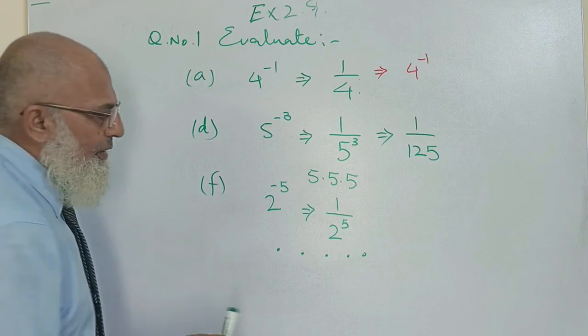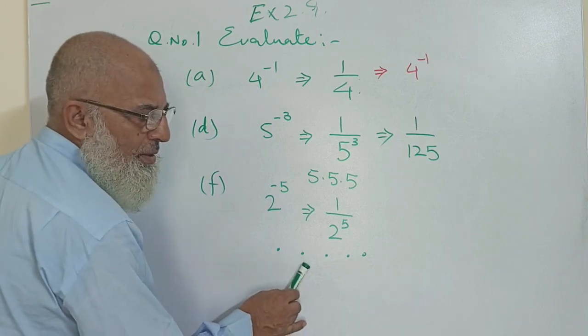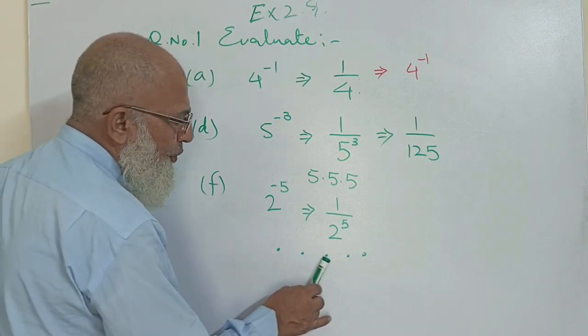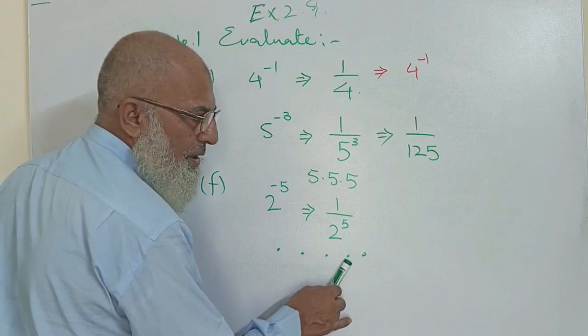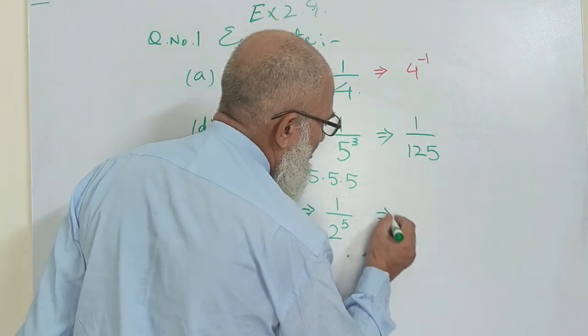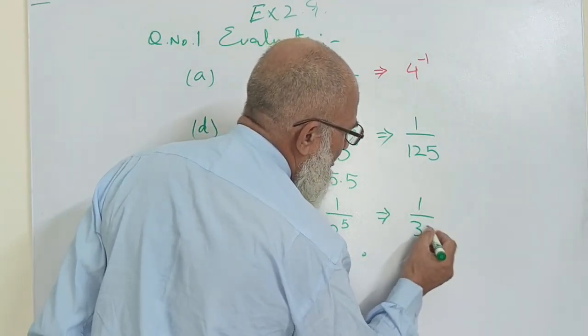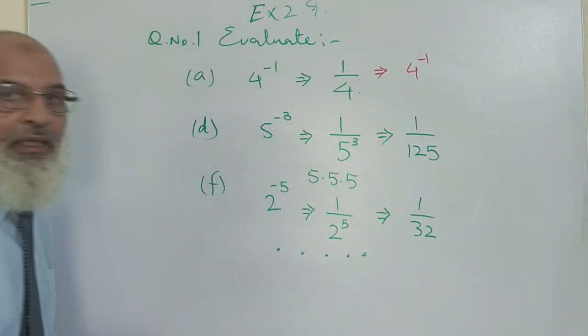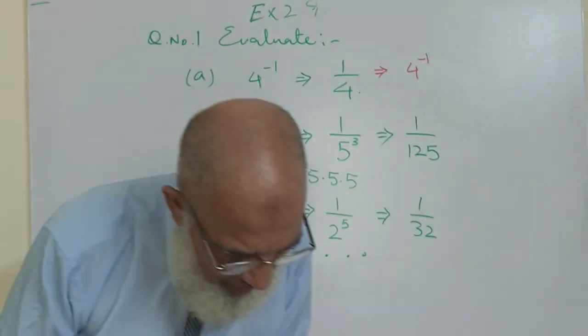Sometimes I don't write the figure. 2 times 2 is 4, 4 times 2 is 8, 8 times 2 is 16, 16 times 2 is 32. So what we will come up with is 1 divided by 32. This is the answer.